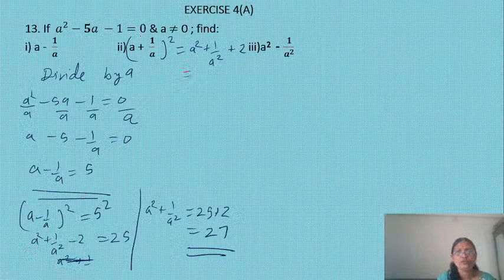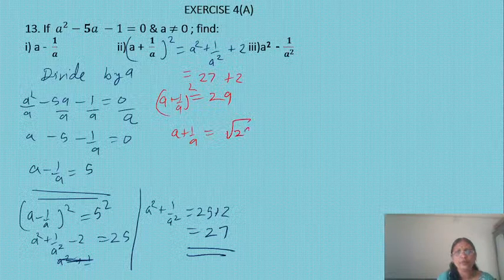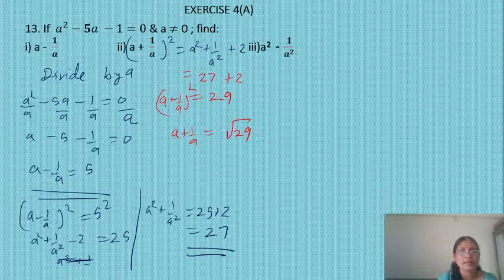So we put this value in a plus 1 upon a the whole square. So 27 plus 2, which is 29. So a plus 1 upon a the whole square is equal to 29. Taking the square root of that, we get a plus 1 upon a is equal to root 29. So the second part is done.